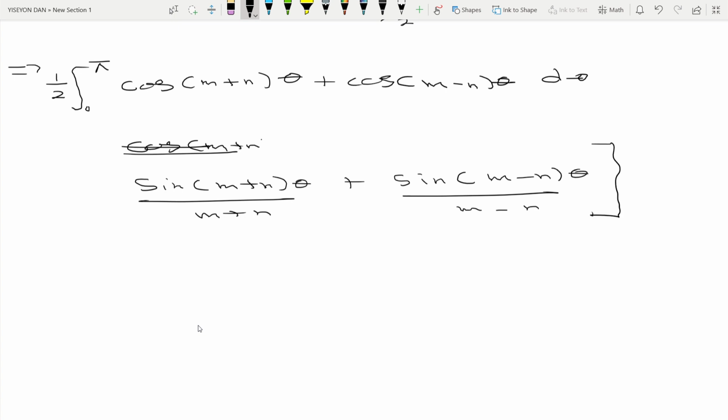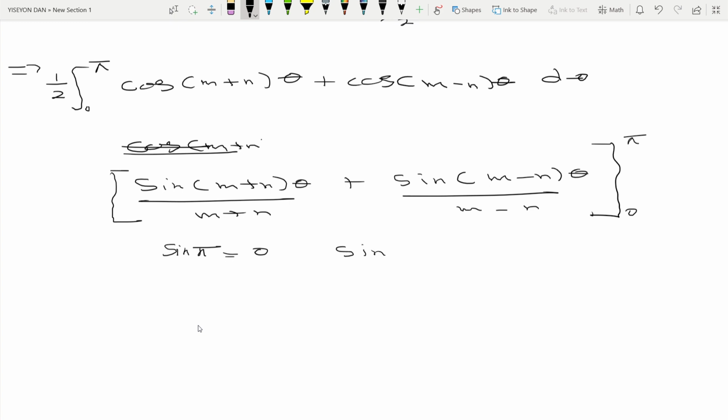But don't forget we still have our boundary 0 to pi. We still have our boundary 0 to what? 0 to pi. So on putting our boundary 0 to pi, you notice that sine pi, if you put theta equal to pi, sine pi is 0 and sine 0 is 0.